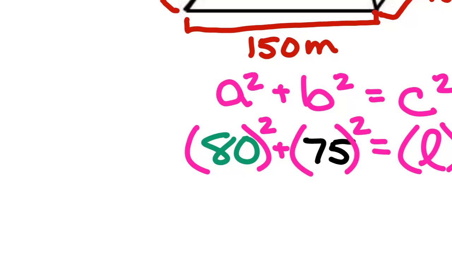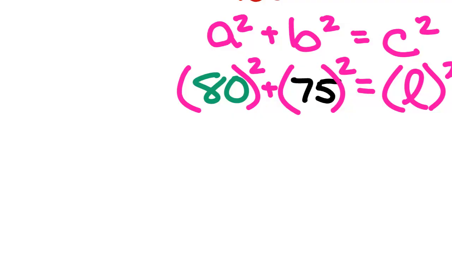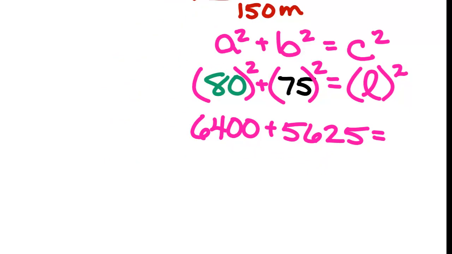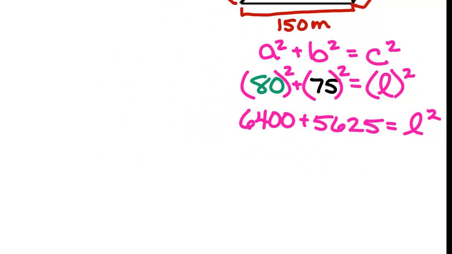What is 80 squared? $6,400 plus what is 75 squared? 5625. We're going to add those two together. I get 12025 when I add those two together. Then we're going to take a square root of both sides.